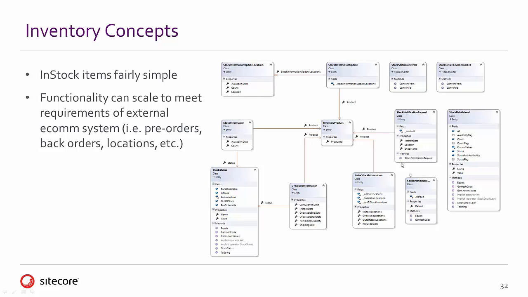Your implementation may not need all those things. And so in that case, you won't be using some aspects of the model. And again, this is one of those things where the API can store that information, but in a lot of cases, you'll be writing logic on either the front end or business rules to be able to handle how that's displayed and how that's handled with passing that information back to your backend e-commerce system.